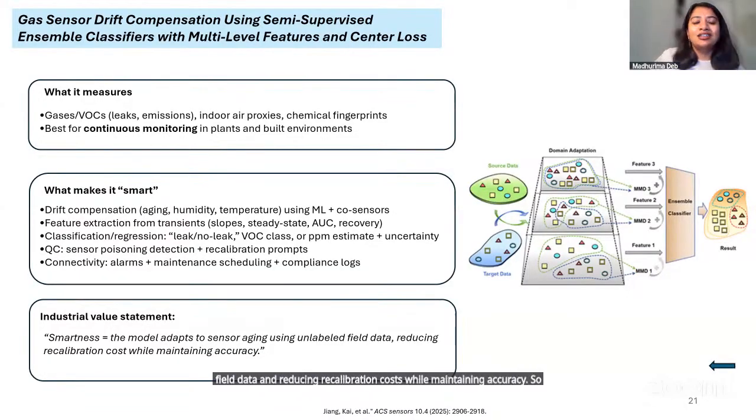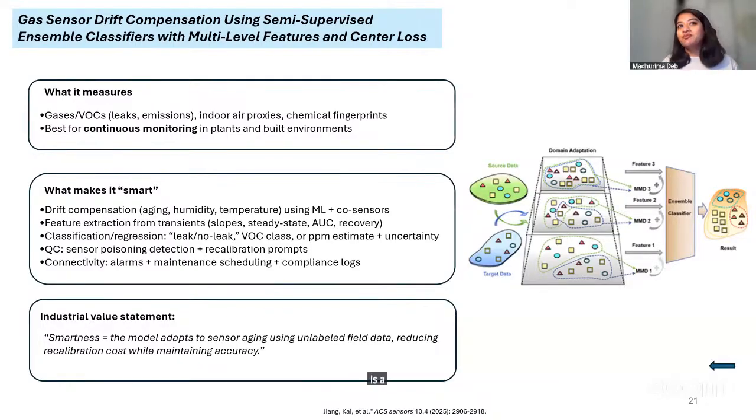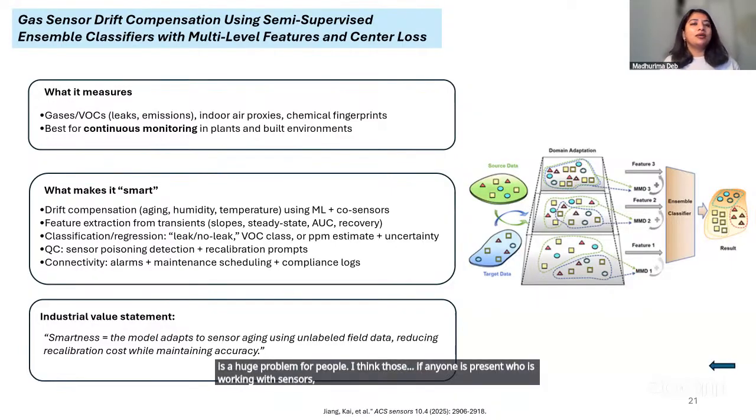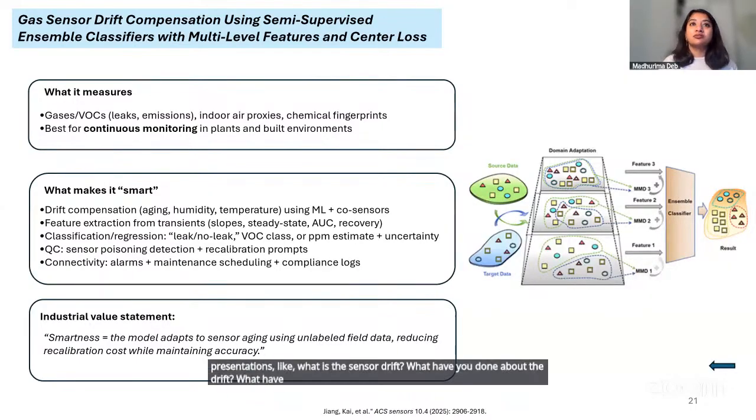So, why I chose to do that is sensor aging is a huge problem for people. If anyone is present who is working with sensors, they will agree with me that sensor aging is a huge difficulty, because the shelf life is always a question that we are also asked in our presentations, like what is the sensor drift, what have you done about the drift, what have you done about this recalibration.